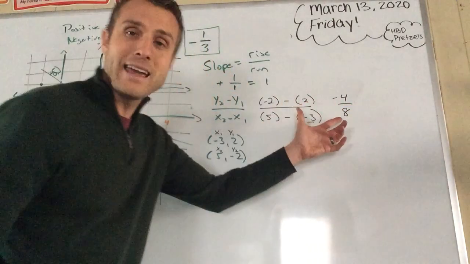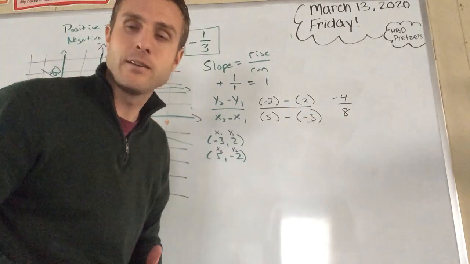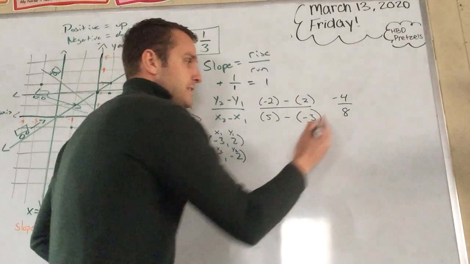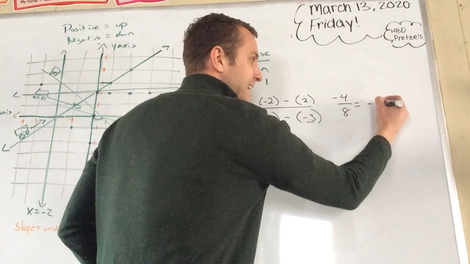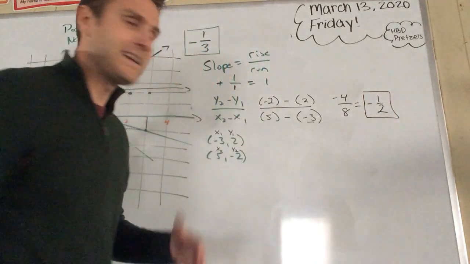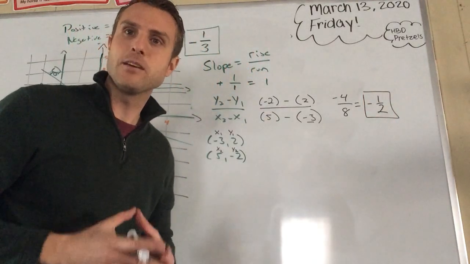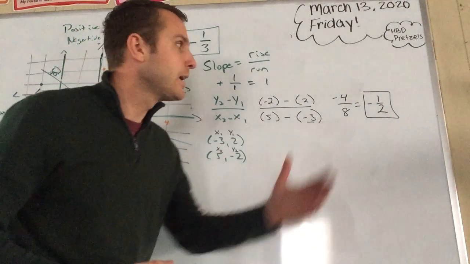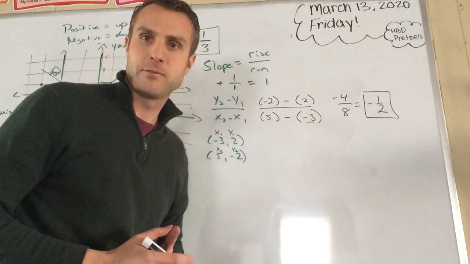Remember, if I have one negative, my answer is negative. And then also make sure you always reduce. So this is going to reduce to -1/2. So my slope is -1/2. When it goes through -3, 2, and 5, -2, my slope is -1/2.